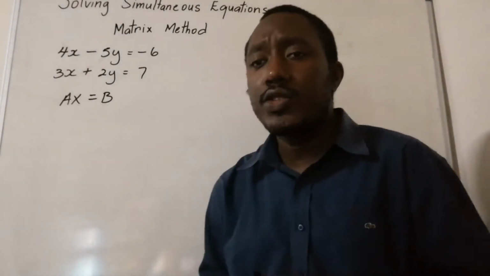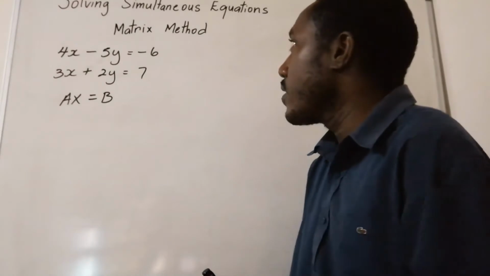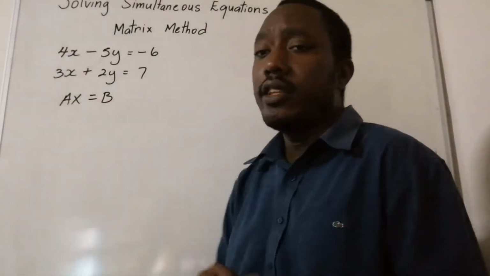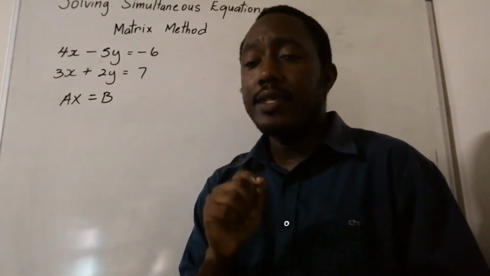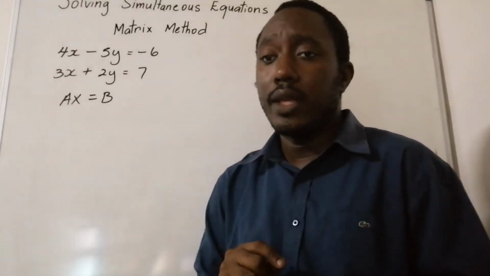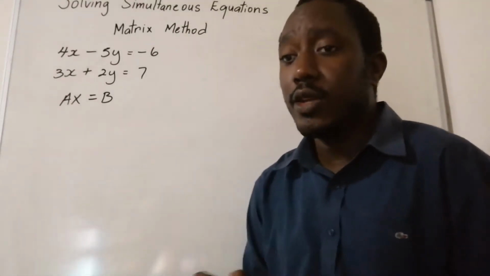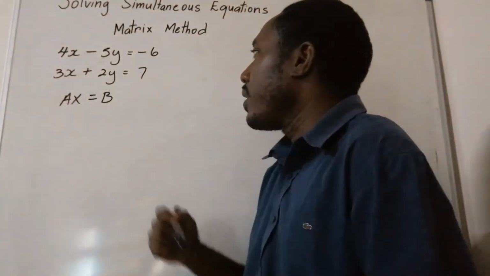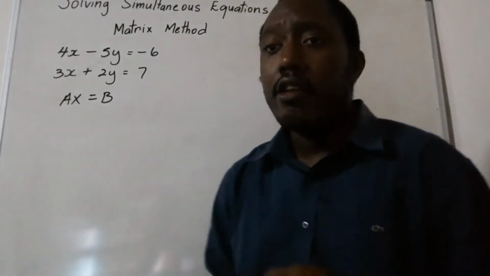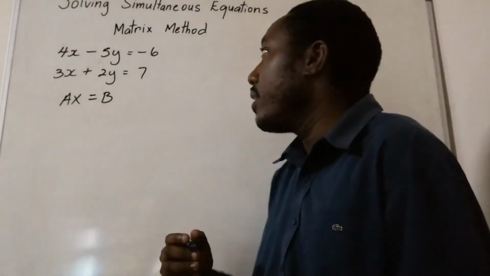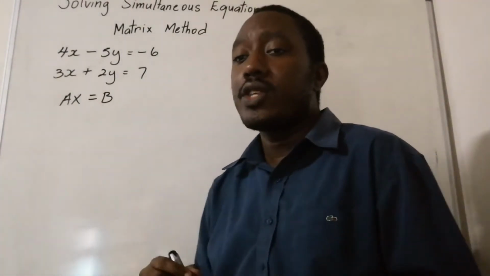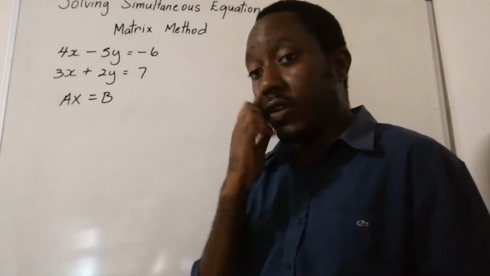Now, when we're solving such a simultaneous equation, the first thing we have to do is write it in the form AX = B. How do we write it in that form? A represents the coefficients of each variable.